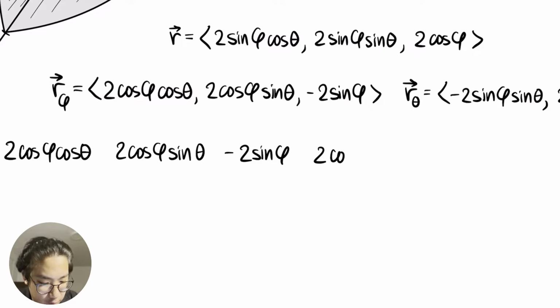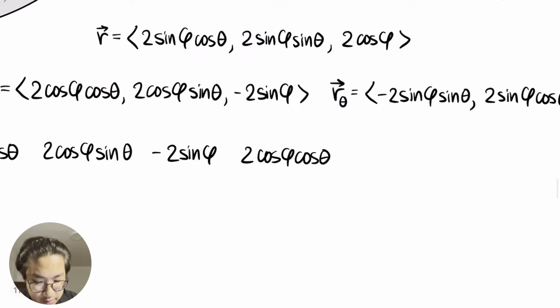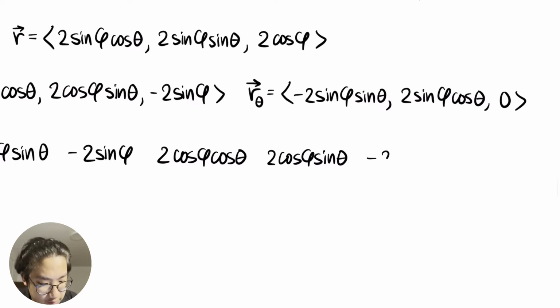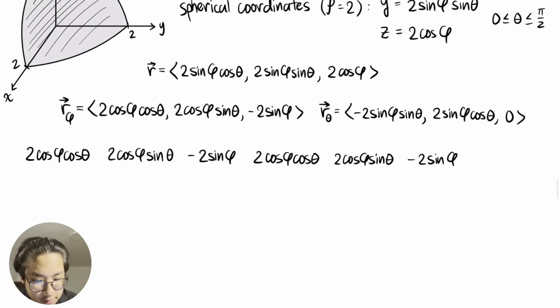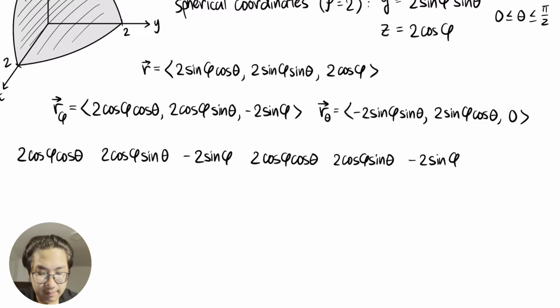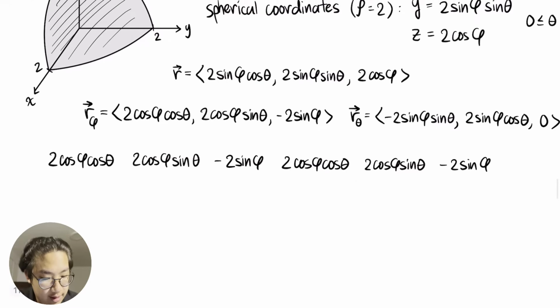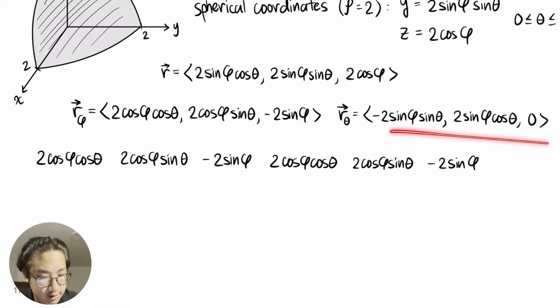So we have 2 cos phi cos theta, 2 cos phi cos theta, then 2 cos phi sine theta, and then -2 sine phi. Right, so this is simply the first vector we're crossing, written out twice beside each other with some space in between. And then next we'll just copy this and do the exact same thing.